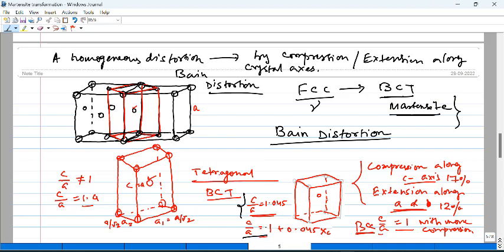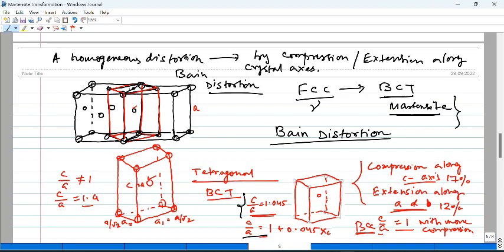Okay. So if I draw the carbon atom as a black circle here, it is there around this center, right, the center of the unit cell, and it is also there at the edges, the center of the edge. Yeah, so I'll just draw the carbon atoms by a dark circle.